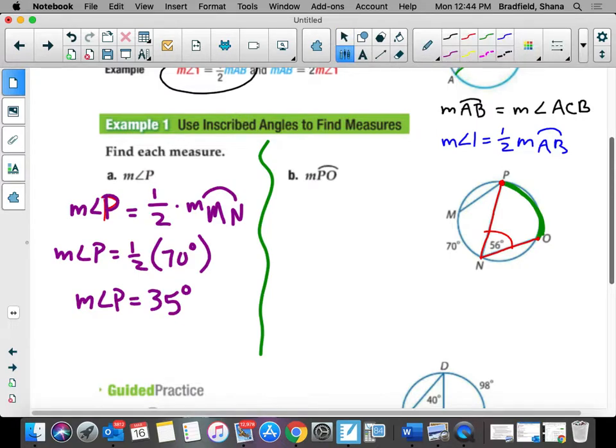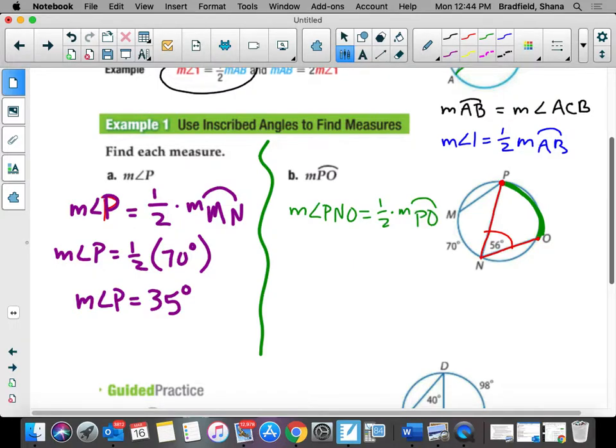Again, I want to set up a little equation here. The measure of the inscribed angle, which is PNO, is equal to 1/2 the intercepted arc, which is the measure of PO.